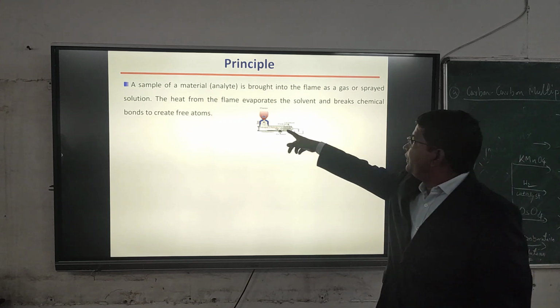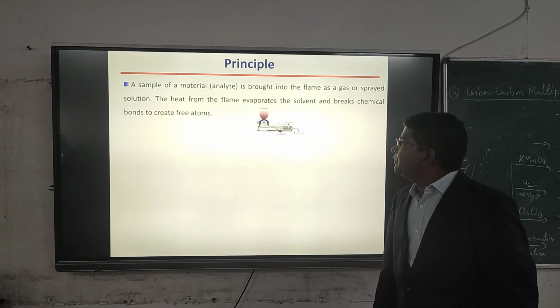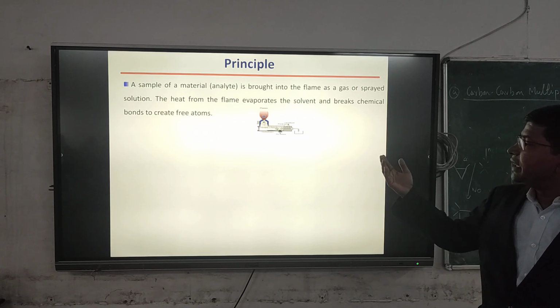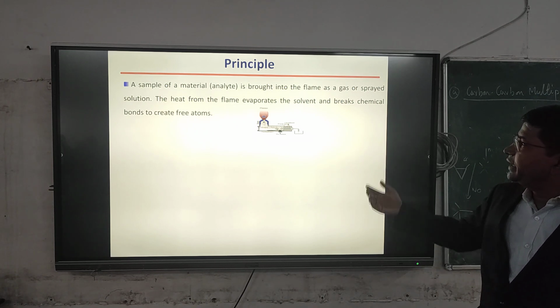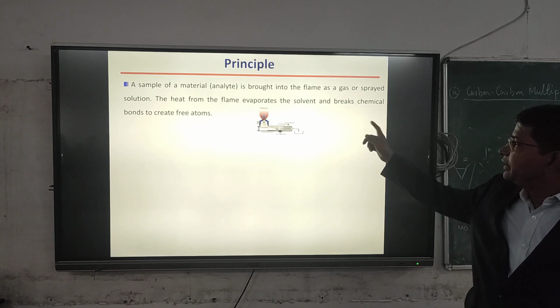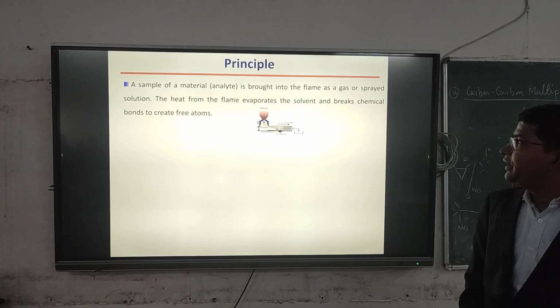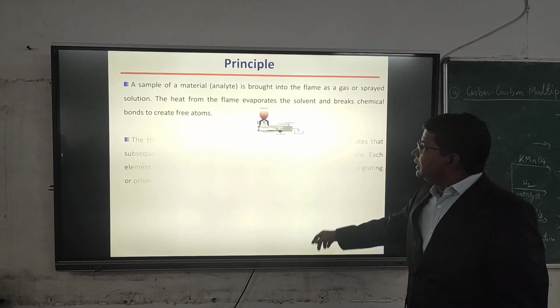The flame gives thermal energy for volatilization, atomization, and finally the thermal energy is used for excitation of the element present in your unknown sample.